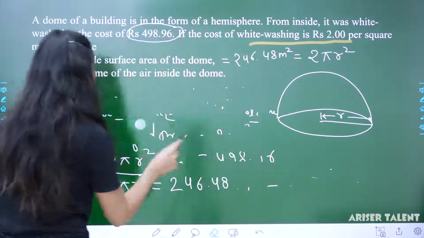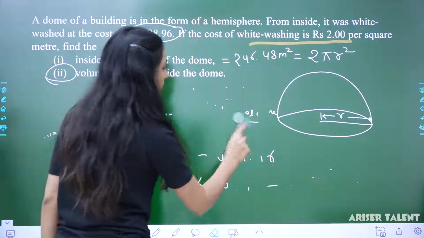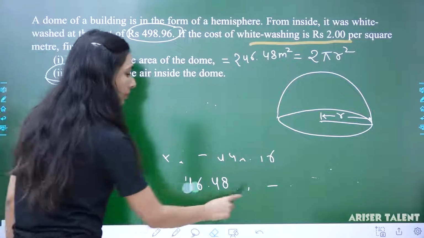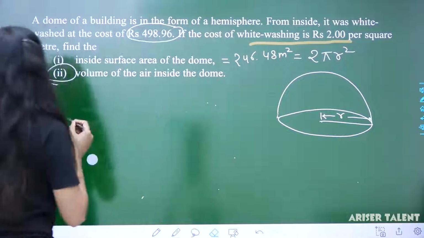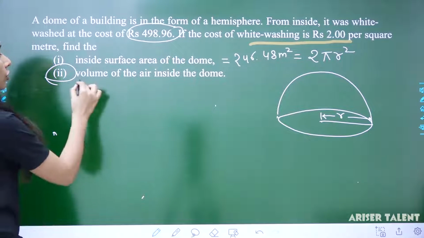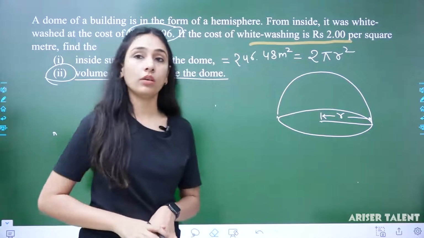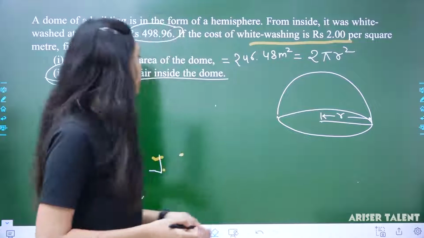Now, for the second one, it's asked the volume of the air inside the dome. The volume of the air inside the dome will be the volume of the hemisphere.